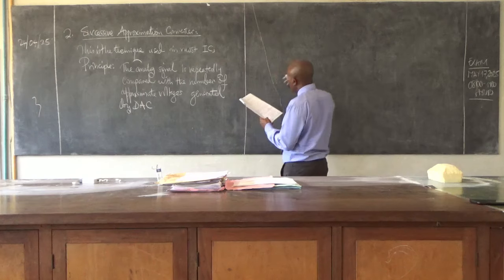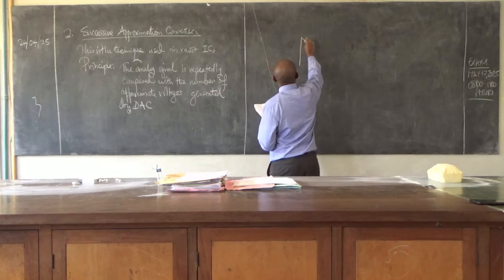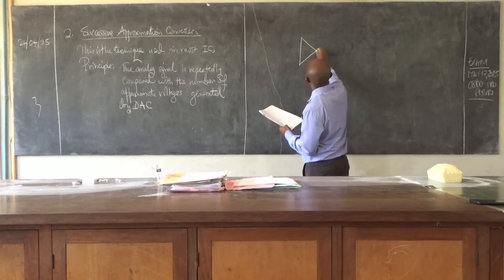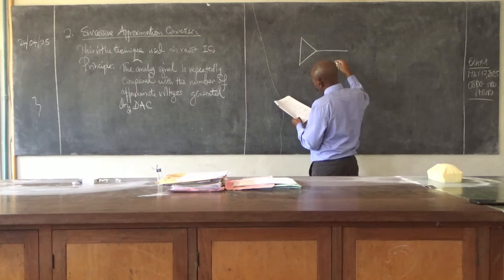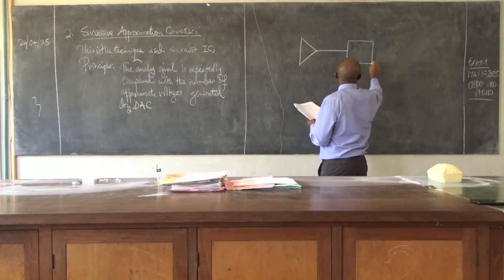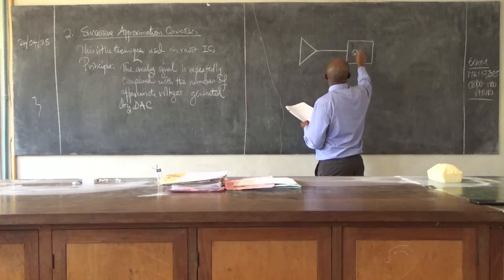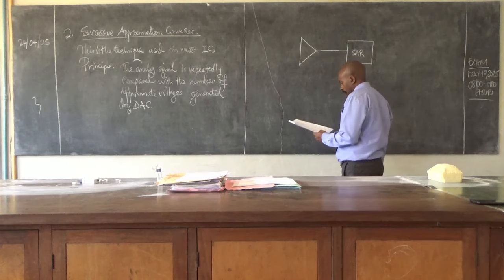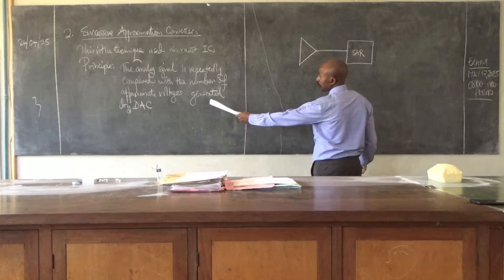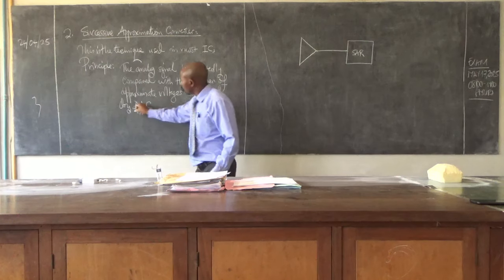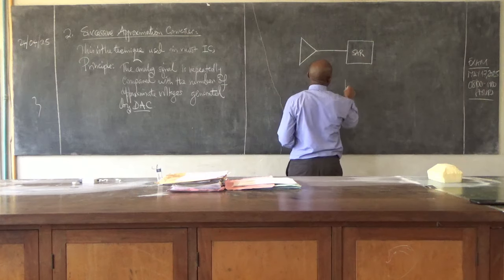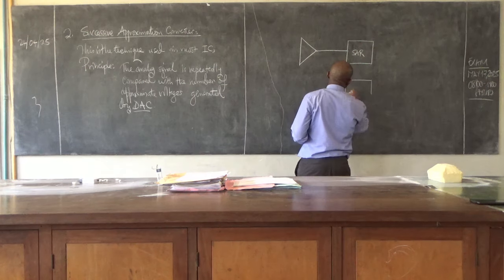Diagram: we have a comparator. If you allow me to draw this so that you do it at once. And then we have a successive approximation register, SAR, here. And then we said we get the voltages generated by the DAC, so we have a DAC here, a digital to analog converter.